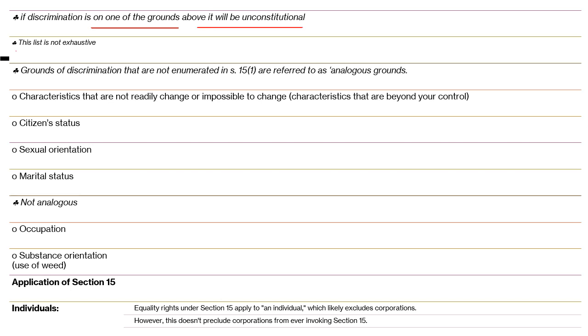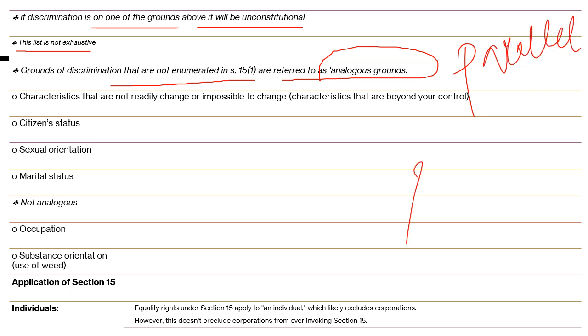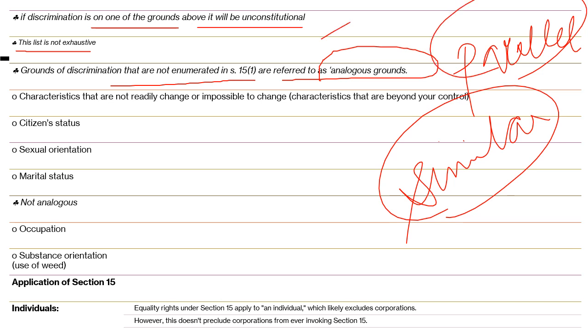But this list doesn't end here. There are a few grounds which are not listed in section 15.1. Those are known as analogous grounds. Analogous means parallel or similar. So similar kinds of grounds, a few of which come through various case laws, are parallel or similar or comparable to the 9 grounds already mentioned under section 15.1.